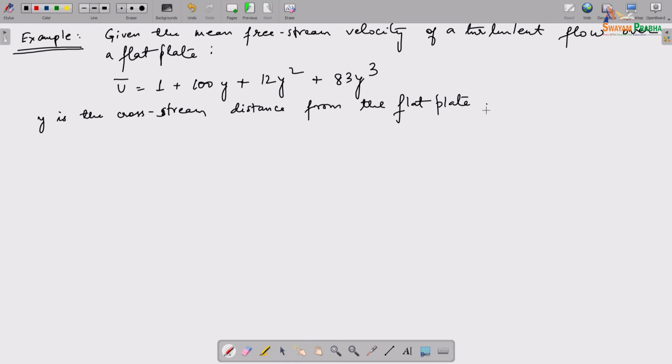Let's take a friction Re, which is usually denoted as Re tau, of 1000.